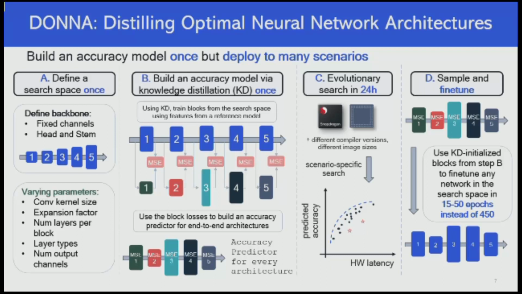So the user only needs to provide these two, and we have a plug and play end-to-end search for that by first building an accuracy model via knowledge distillation for each block. And then we use evolutionary search based on the hardware constraint, and then eventually fine-tune the found architectures. And let me dive deeper into each of the bullet points here.